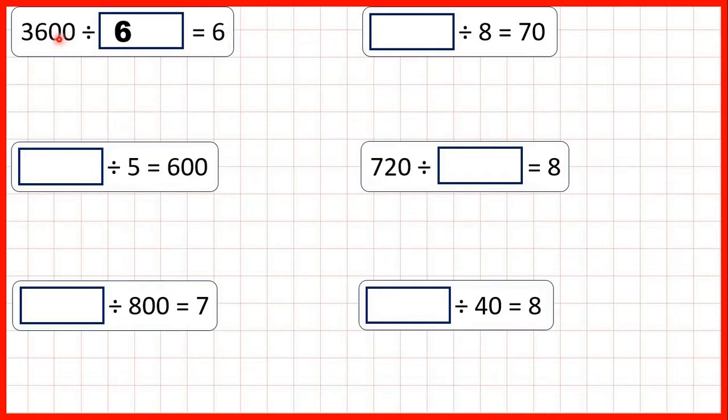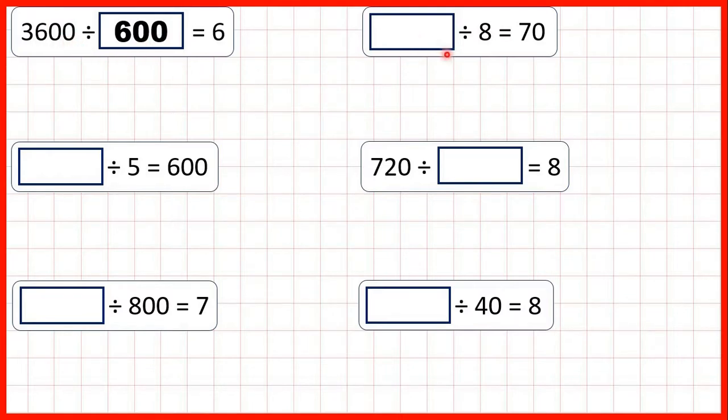So these end zeros must have been cancelled by our divisor. So if we write 2 end zeros in our divisor, we can see that 3,600 divided by 600 is 6, because 36 divided by 6 is 6, and then we've cancelled our end zeros.